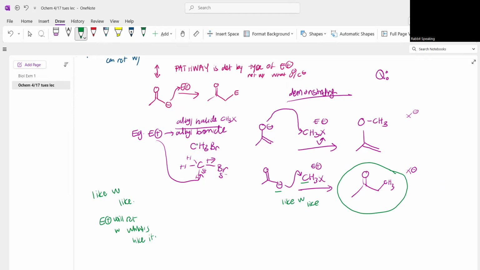Whereas this one, I'm not sure if it actually happens at all, but this is the quantitative pathway, as in we will have this formed in high yield.